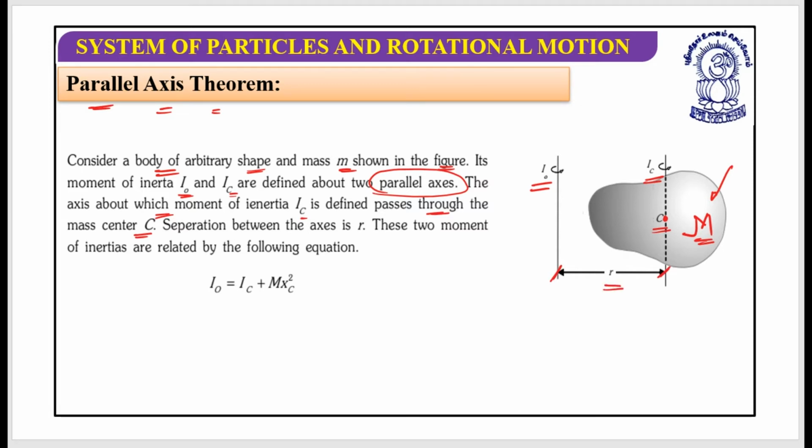If these two are parallel, then the two moments of inertia can be related by IO is equal to IC plus m r square, that is, I center of mass plus m r square. So this is the parallel axis theorem.